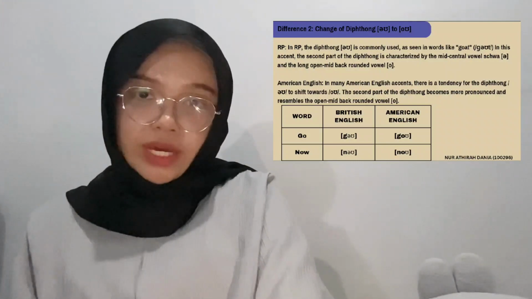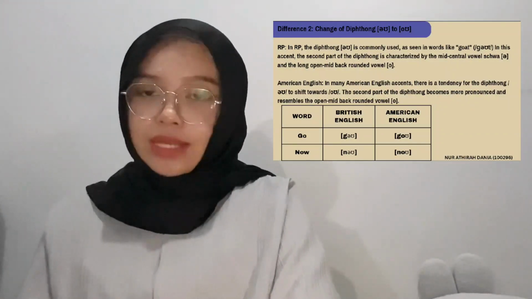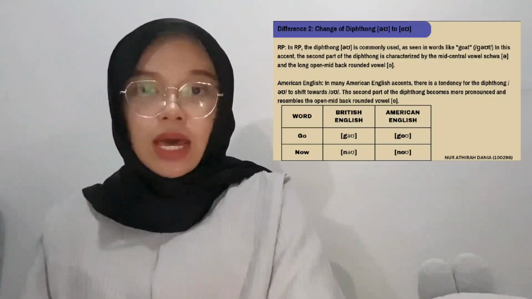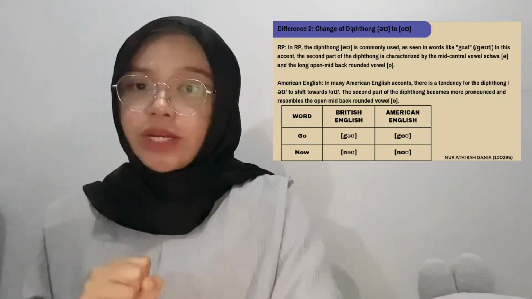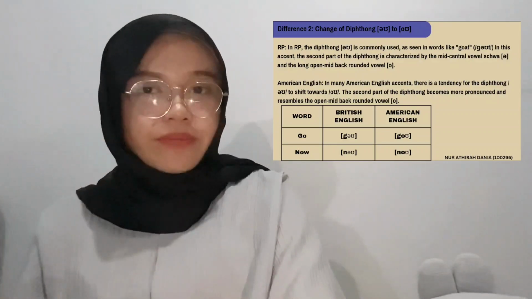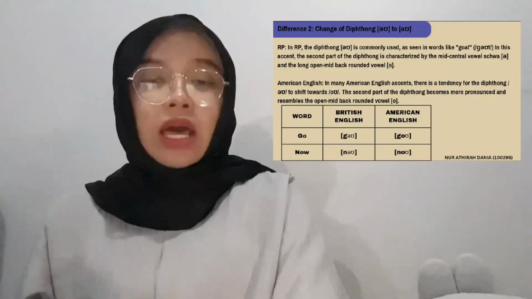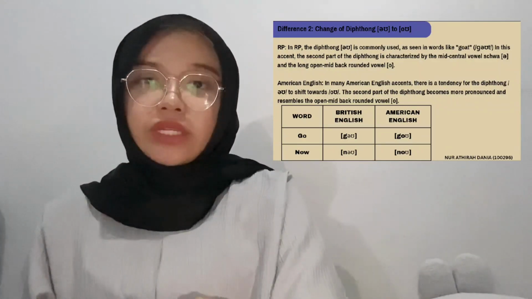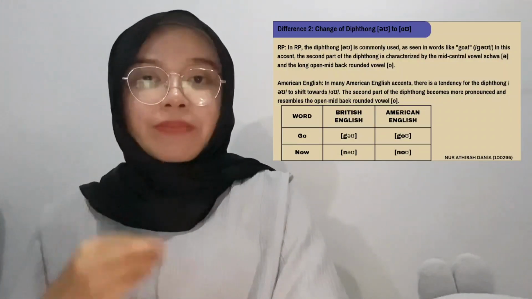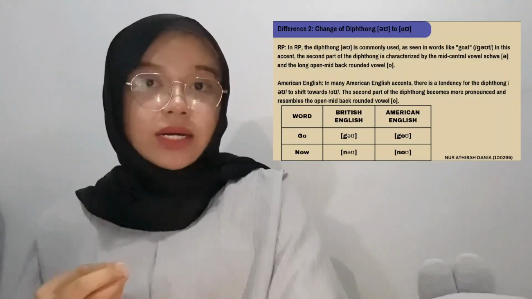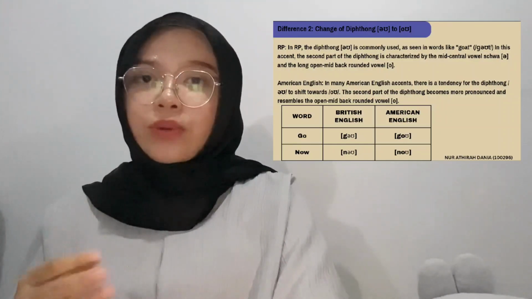From the given information, we can conclude that both received pronunciation, also known as the British English accent, and certain American English accents exhibit variation in the pronunciation of the diphthongs. In received pronunciation, the diphthong is characterized by the mid-central vowel schwa and the long open mid back rounded vowel.